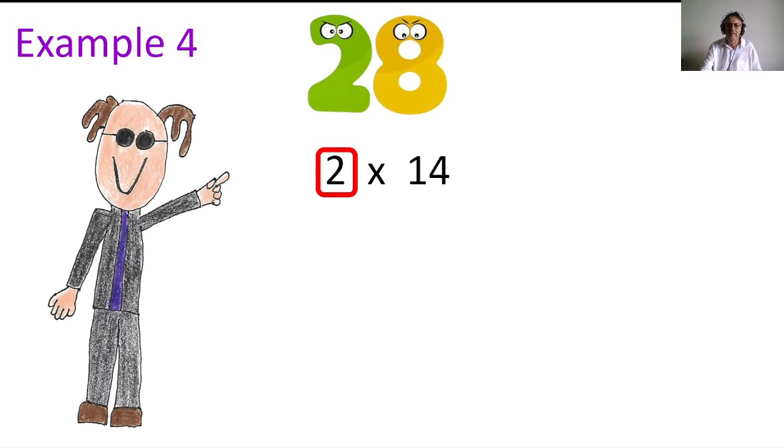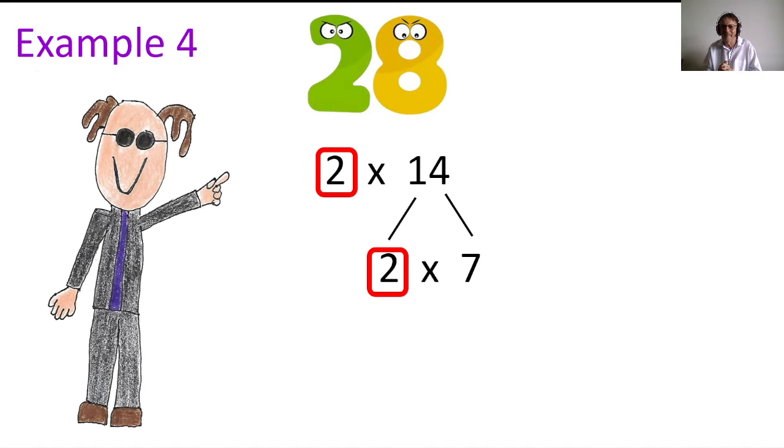14 is an even number, so we must divide by 2 again. 14 divided by 2 equals 7. So the equation is 2 times 7. We know 2 is a prime number. How about 7? Is 7 a prime number? What do you think?